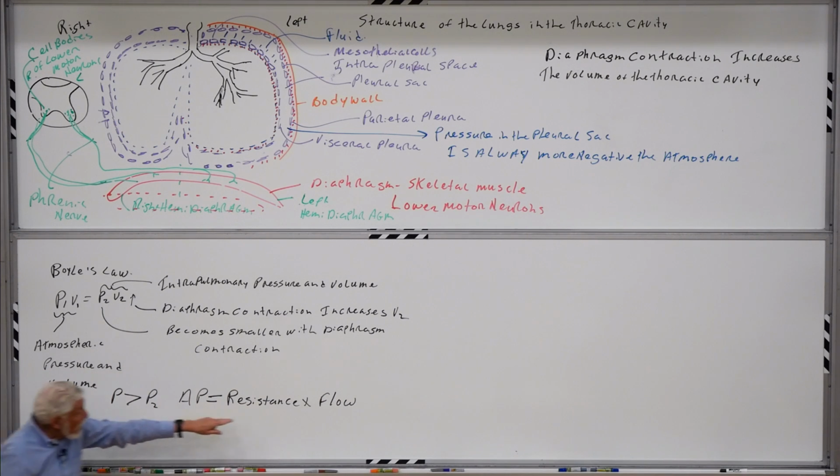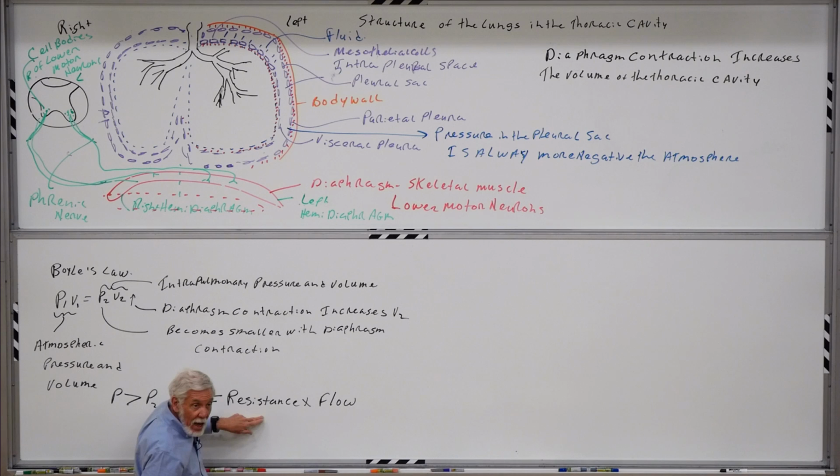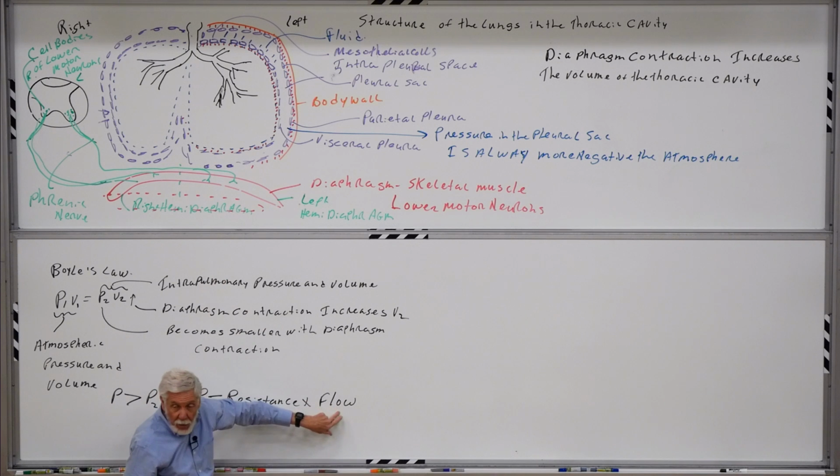That simply tells us now, depending on how much resistance we have of the air movement along the walls of all of this branching system, we'll get a flow. And that flow now is the movement of air into the lung. So that's the way we get air into the lung.